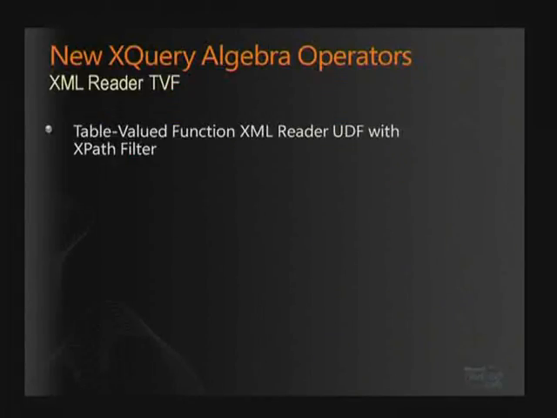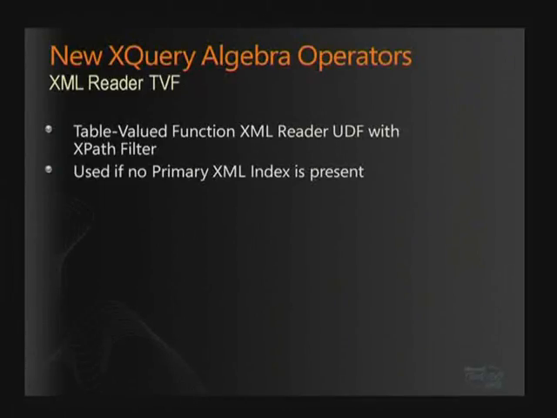So let's look at some of the operations that we had to add in order to be able to support xqueries inside our query plan. Not every operation existed inside the relational engine. So the first one that we added was what we call the XML reader table valued function. This is the function that actually goes and takes the XML and creates our node table.